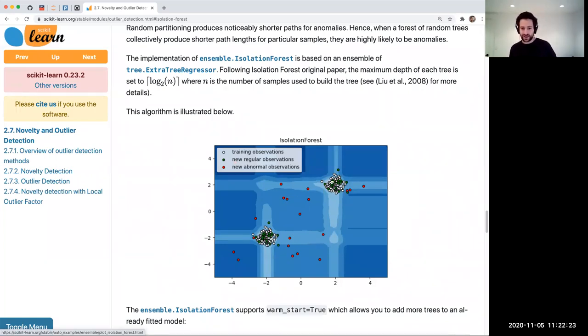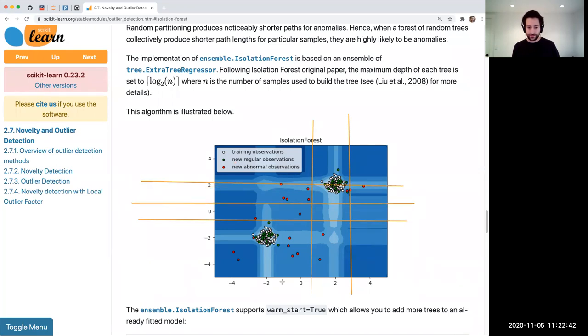But basically, you can imagine that if you're just randomly splitting here, like a decision tree, so if you're just randomly splitting all over the place, then with this many random splits, this point here is already by itself in a region, and this point is by itself, and this point is by itself, and this point is by itself, this point is by itself.